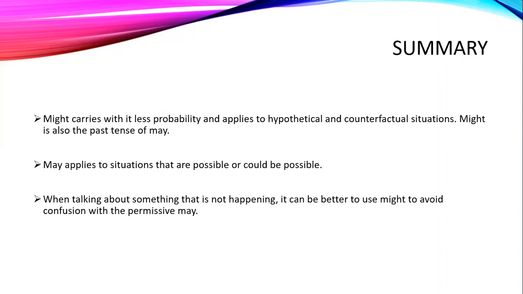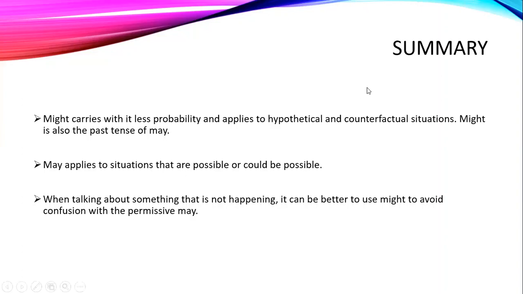So what have you got from today's lecture, students? You have learned that may and might both are words which show possibility, which are used to take permission, which are used to talk about some factual things or some facts. But may carries more probability, might carries lesser probability.